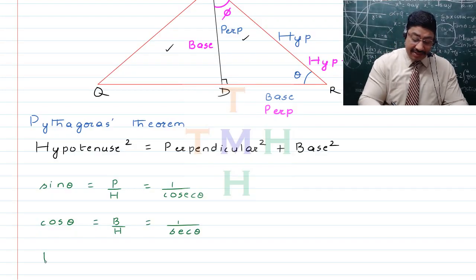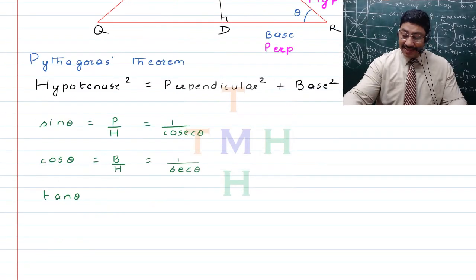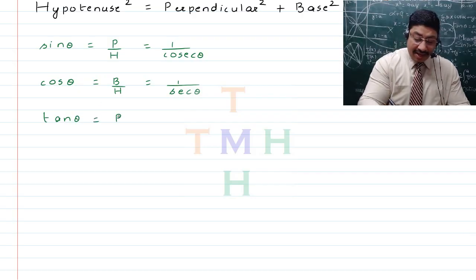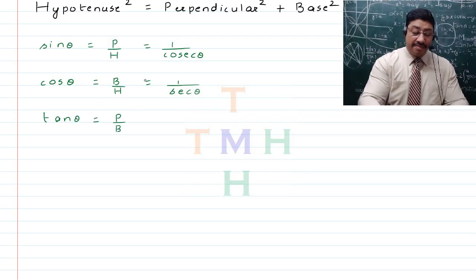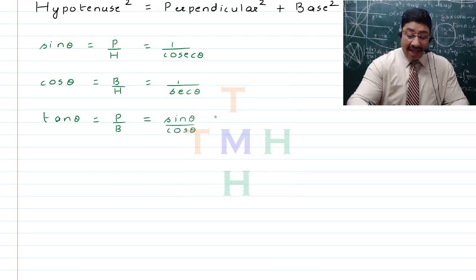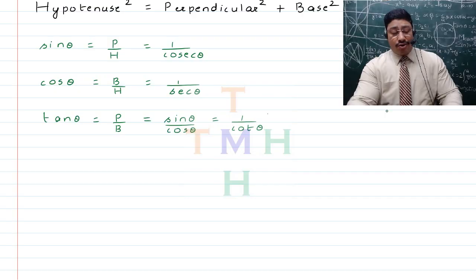Now after this, the next trigonometric ratio that we have is tan theta, and tan theta is perpendicular upon base. We can get perpendicular upon base by dividing sin theta by cos theta, as such tan theta is also written as sin theta divided by cos theta, right? And further, it is equal to 1 upon cot theta, as the inverse of tan theta is cot theta.